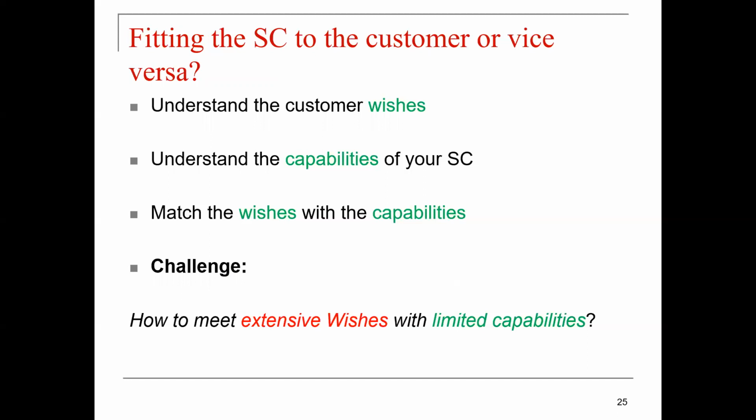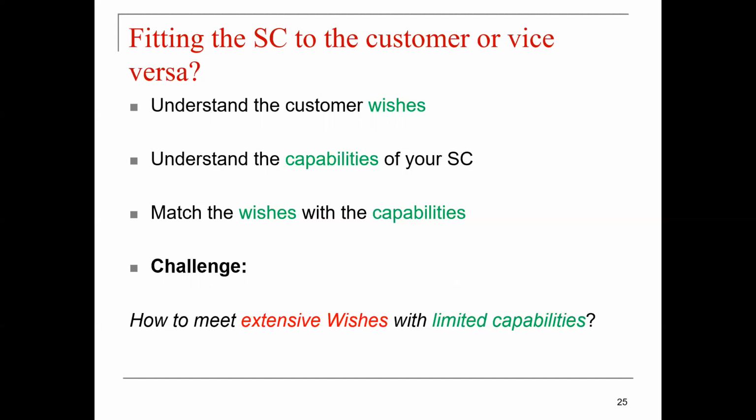So, fitting the supply chain to the customer or vice versa. There are multiple things that need to be taken into account. For example, to understand the customer wishes, understand the capabilities of your supply chain, and also match the wishes with the capabilities.